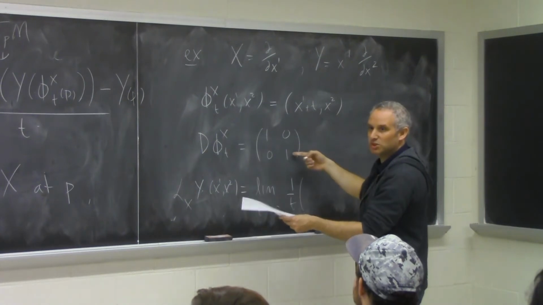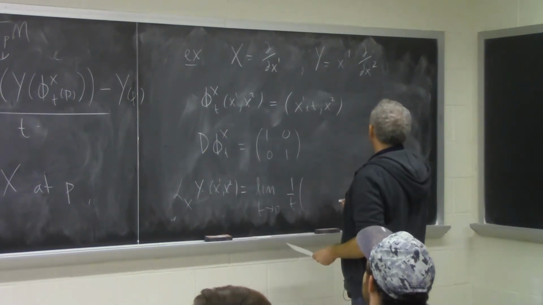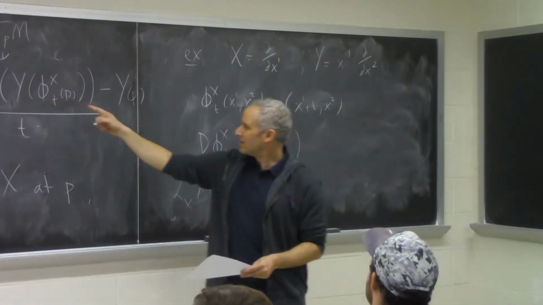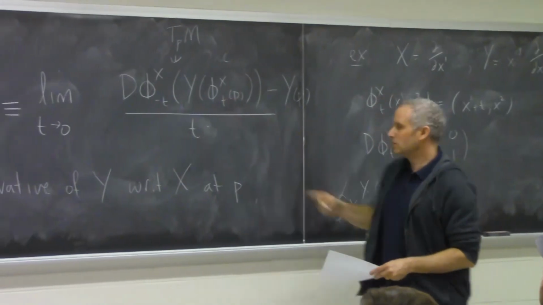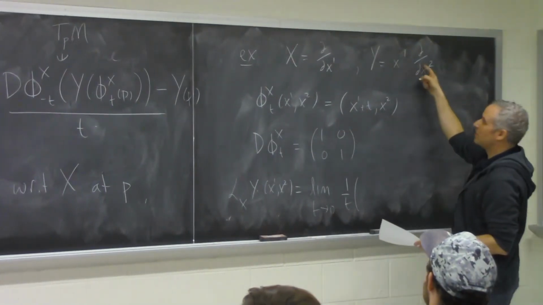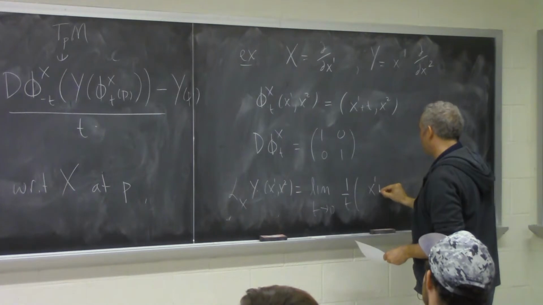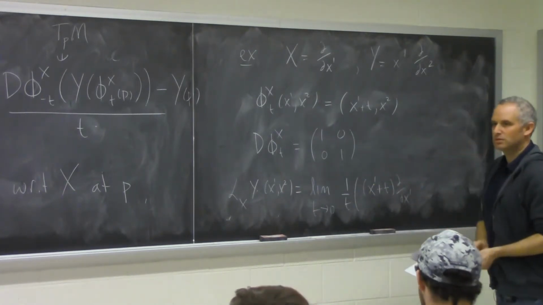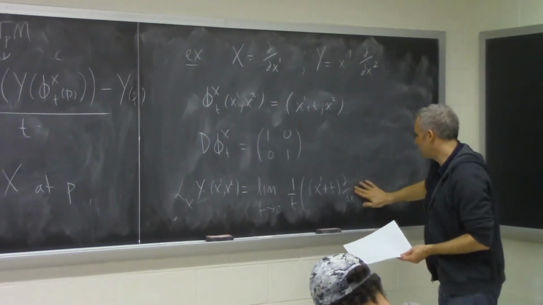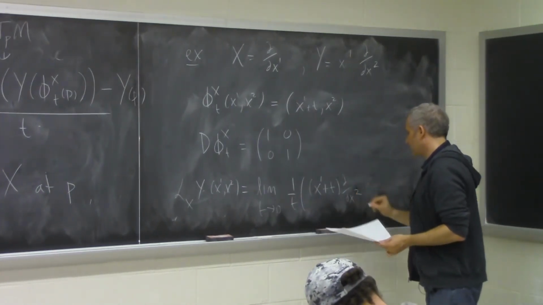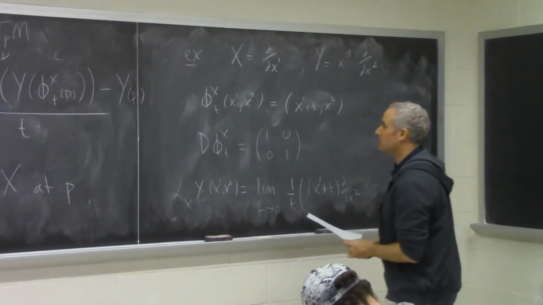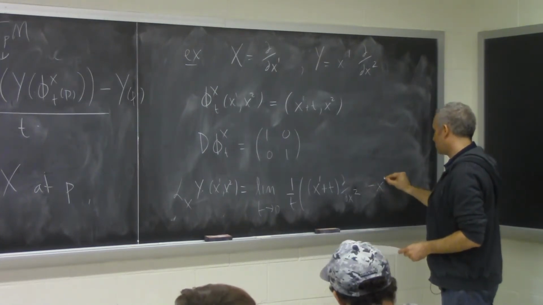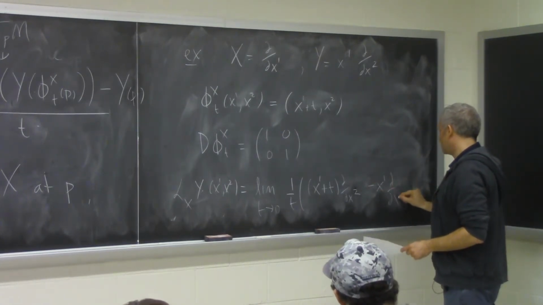Well, this is the identity map, so we just get y, but evaluated at the image of the flow. So we get not x1 d by dx1, we get x1 plus t d by dx1, d by dx2. And then subtract y evaluated at the point. So that's minus x1 d by dx2.